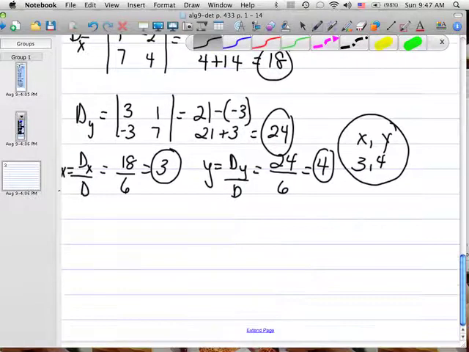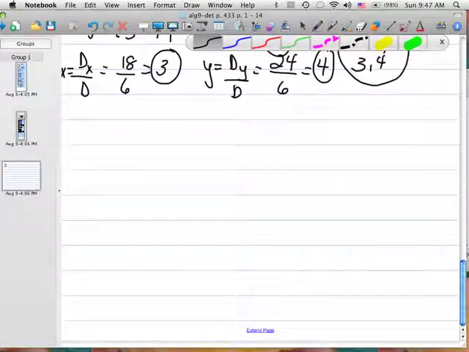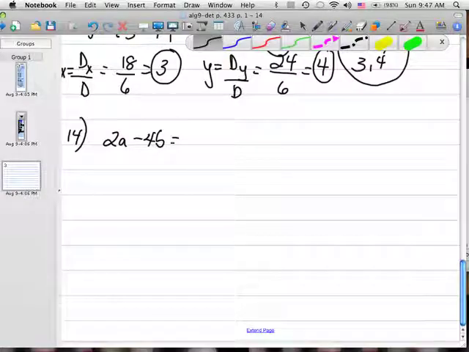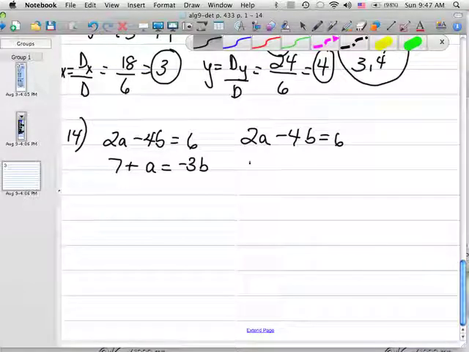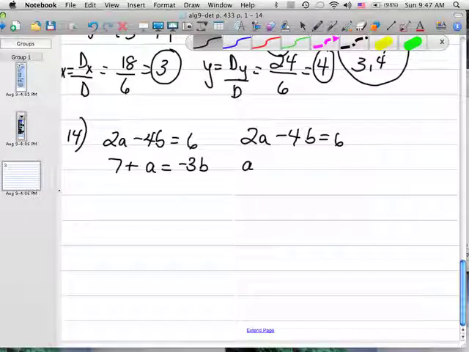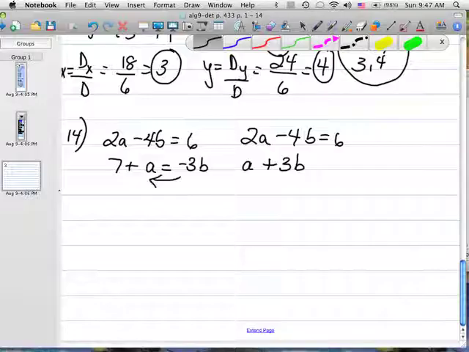And then the last problem is 14. And we have 2a minus 4b equals 6, and 7 plus a equals -3b. The first equation is in standard form. The second one, we need to slide the a to the front first, bring over the -3b, make it positive 3b, and then slide the 7 over here by subtracting it, so it's -7.